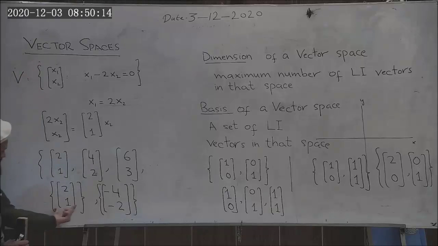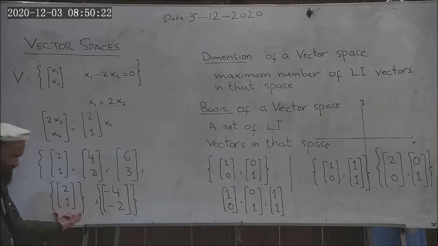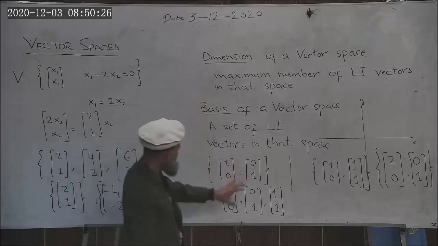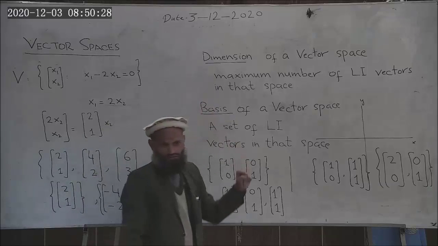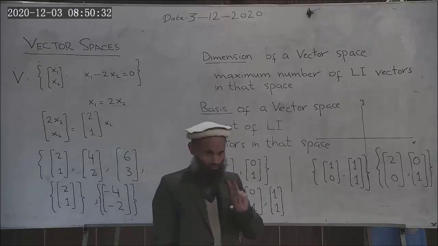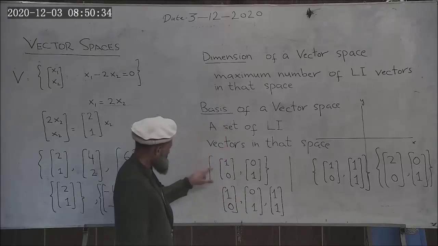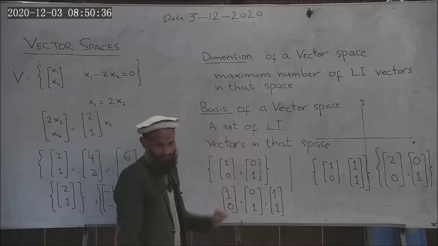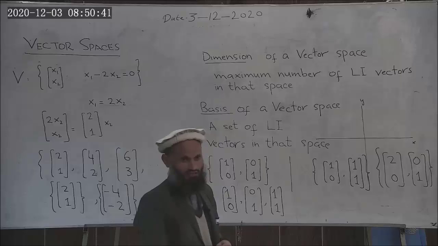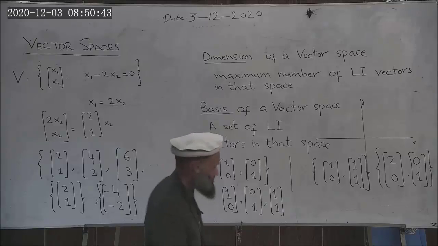The number of elements of a basis is equal to the dimension. For example, in R2, what is the dimension of R2? The dimension of R2 is 2. Here is a basis. This basis will have 2 vectors, right? So the number of vectors in the basis is equal to the dimension.